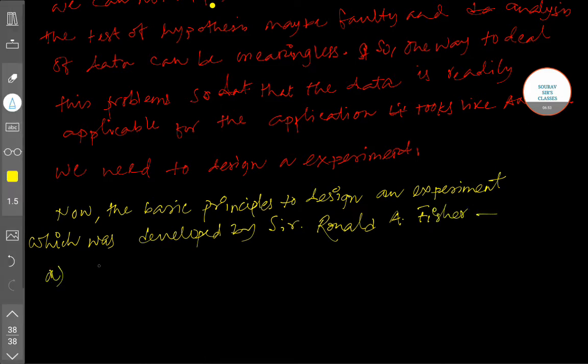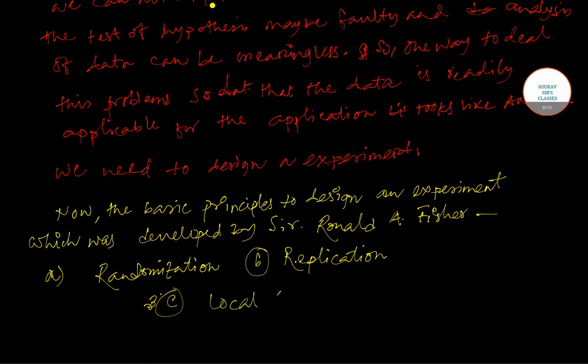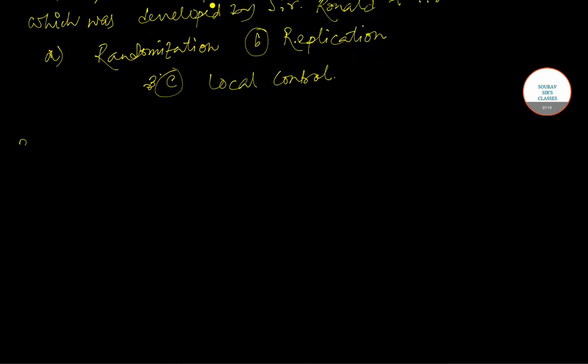One is randomization, second is replication, and third is local control. So we will start with randomization.